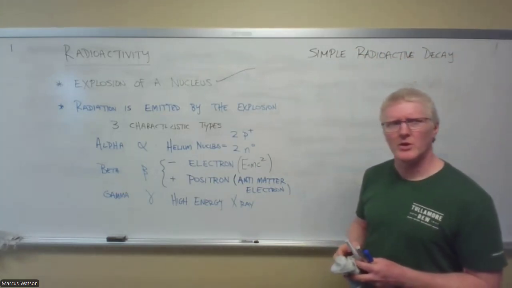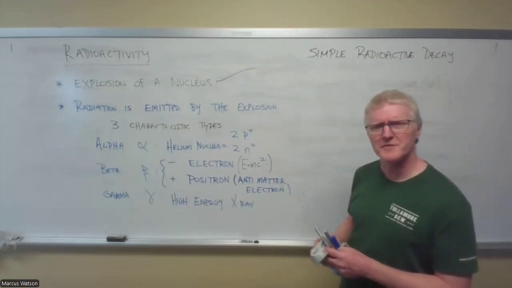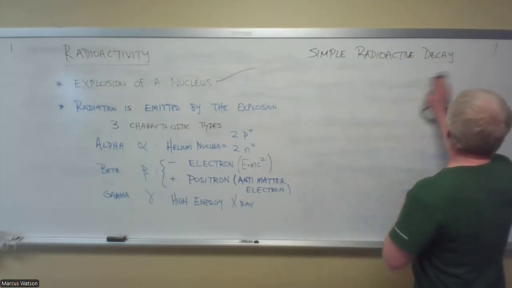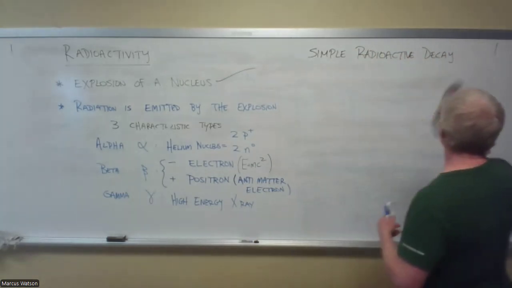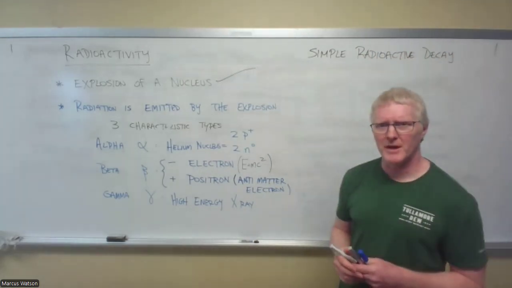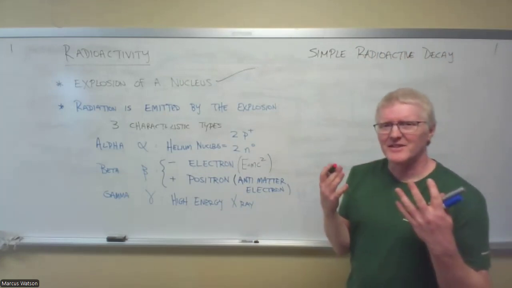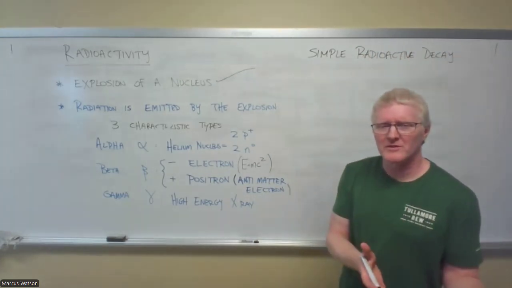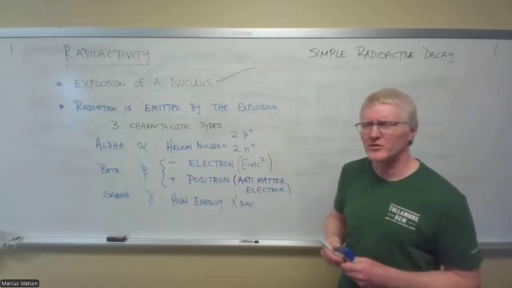I don't know why they chose daughter rather than son or just offspring, but nowadays it's called the parent and daughter nuclei. In past years, it's been called the mother and daughter. I guess it's kind of like the original one gives birth to the other one, so it makes sense with the mother. I don't know why the daughter, though.